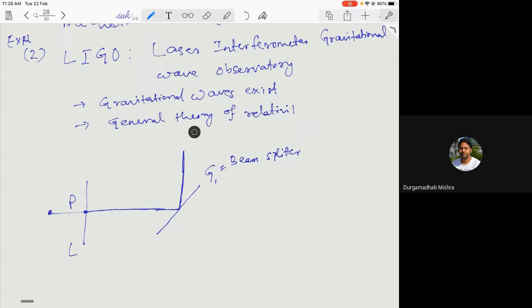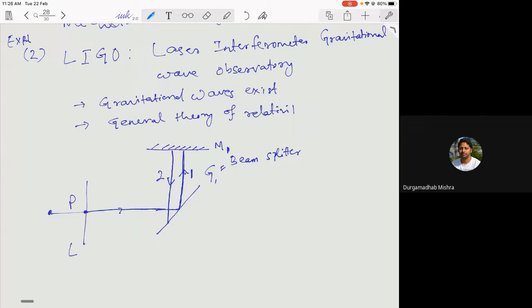This is partially reflected, and what Michelson did, he put a mirror here, M1. Let's call this beam 1. Now this beam will be reflected back by the mirror.